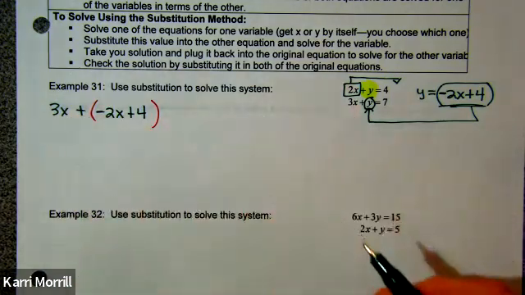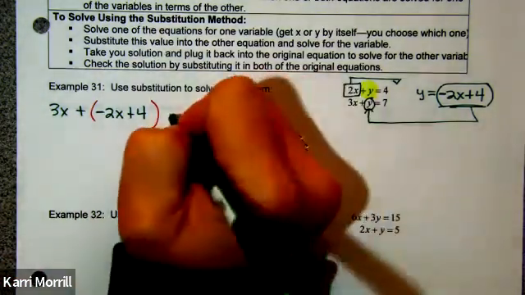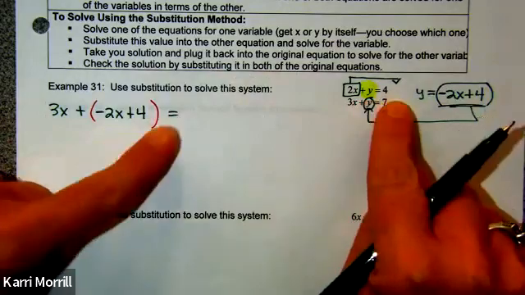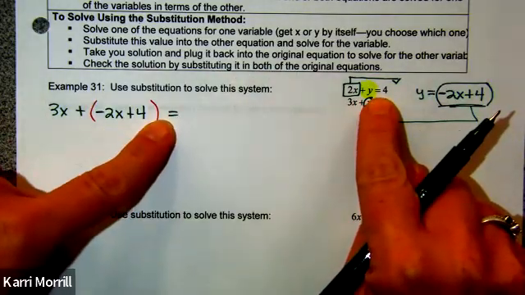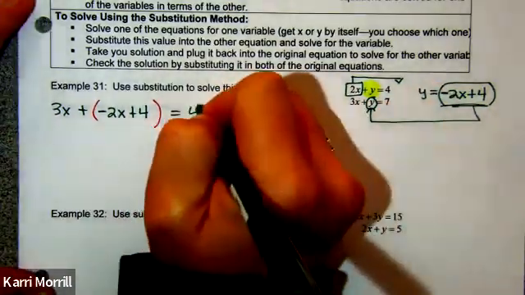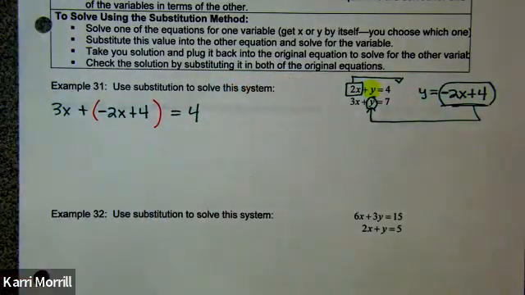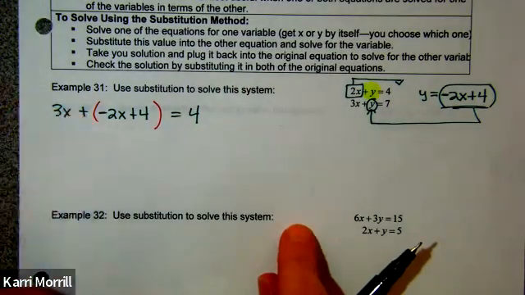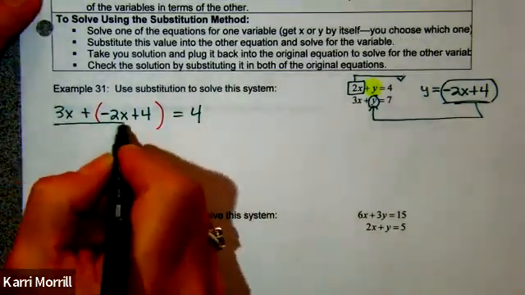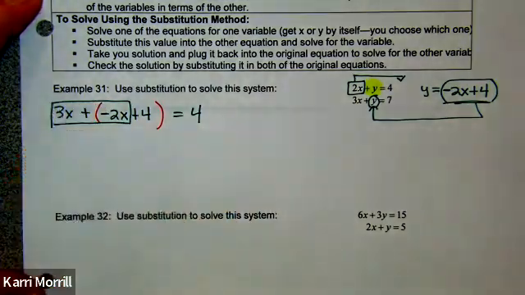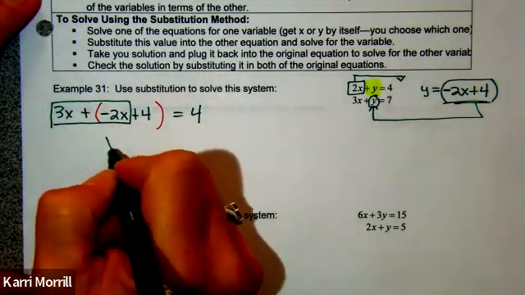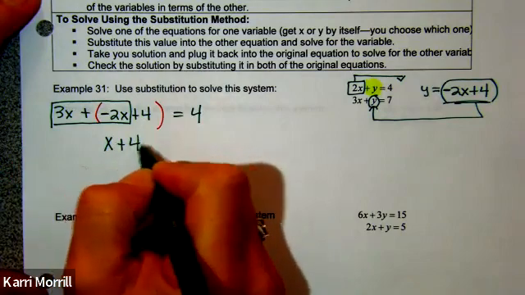So when we get here, and then we need to put equals, what's over here after equals? 4. I almost skipped that because I was busy talking about plugging it in. So we can ignore those parentheses because it's not like we have to distribute anything. There's just a plus sign in front of it. So we're just going to combine like terms. So 3 and 2 make a positive 1x plus 4 equals 4.